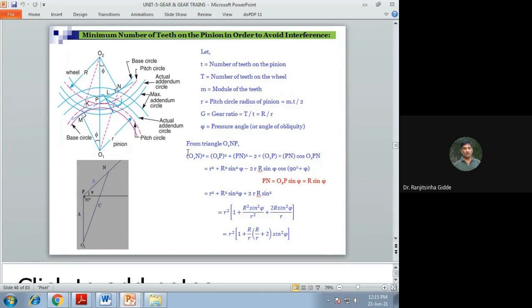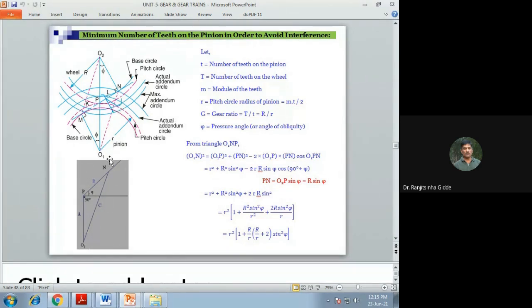Now we need to see the value of O1N, the maximum value or limiting radius of the addendum circle. This is the maximum addendum circle, and we need to find this O1N.